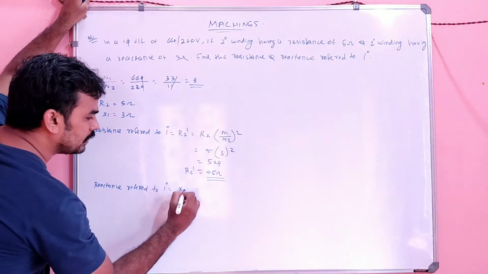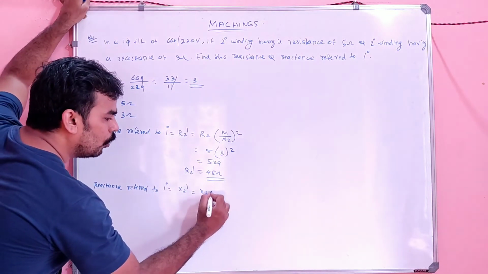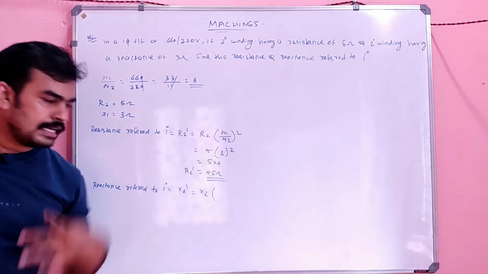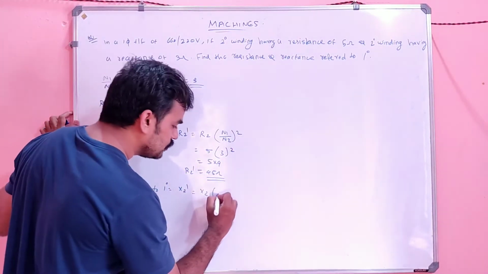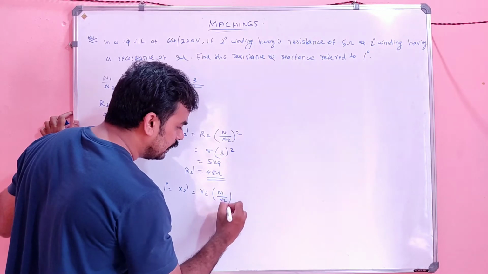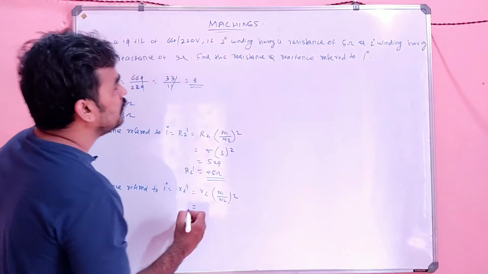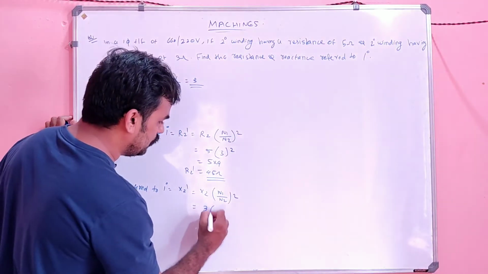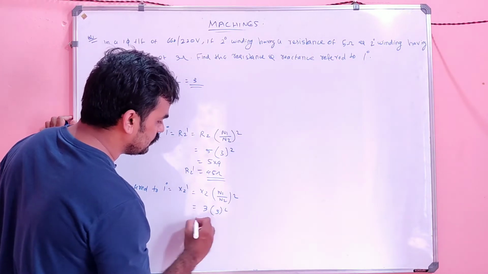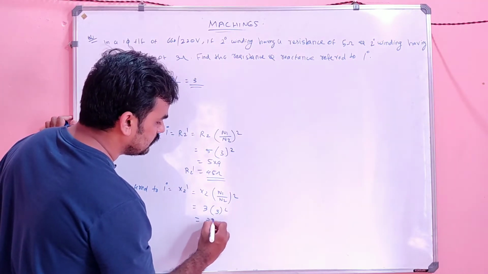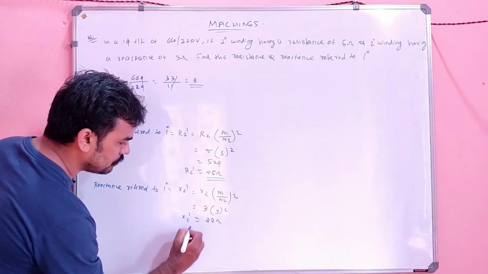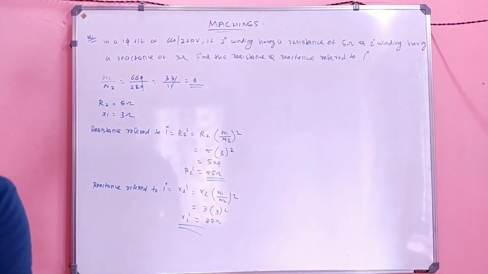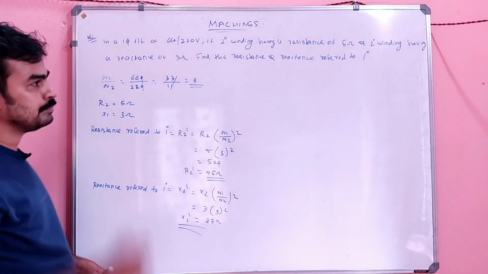This is nothing but X2 dash, which is old X2 into, which side is it coming? It is coming to N1 side, right? So it will become N1 by N2, again the whole square, which is X2 given as 3, so 3 into 3 square, which is nothing but 27 ohm, correct? 9 into 3, 27 ohm. So this is X2 dash. That is the answer.